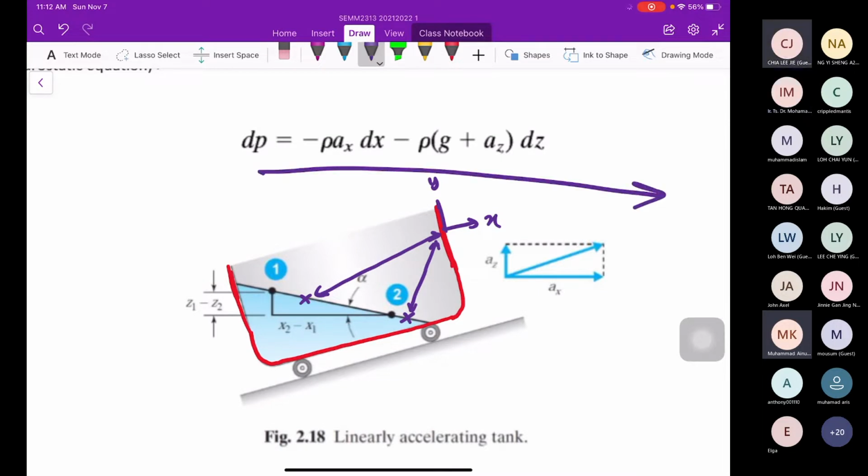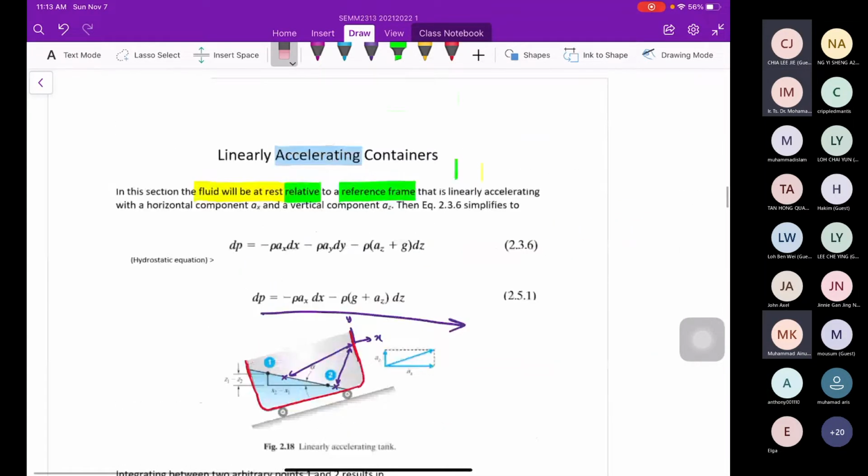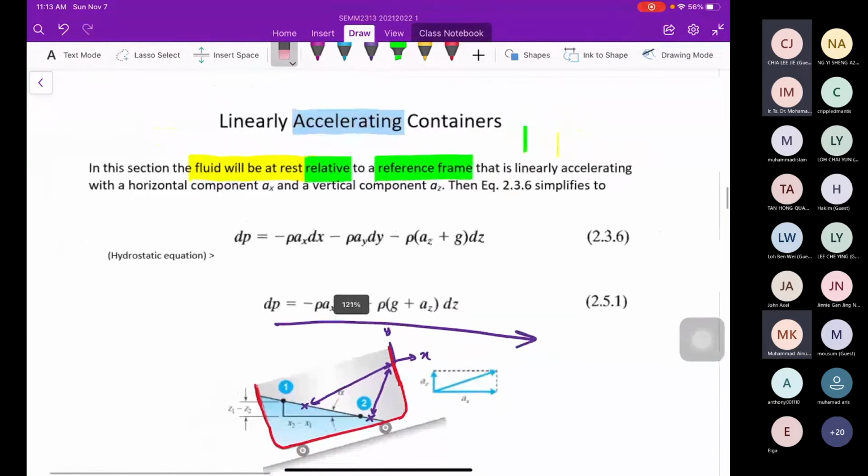What do you think the particle in the fluid is when referred to the relative reference frame? Is it at rest? Class? It is not moved. It is still at rest, because our reference frame now is the bucket. That is why we consider it as static, or at rest, relative.